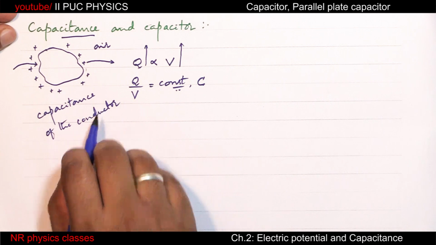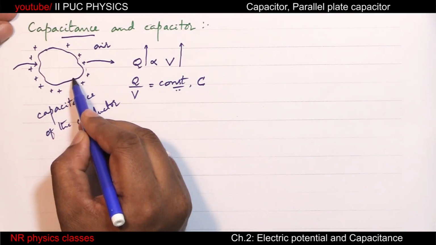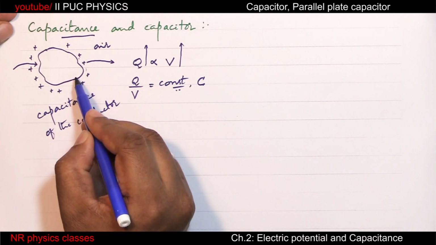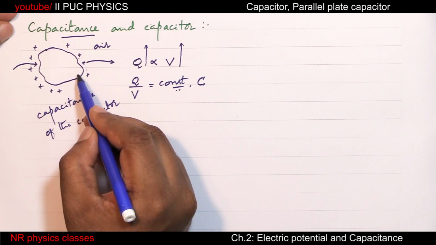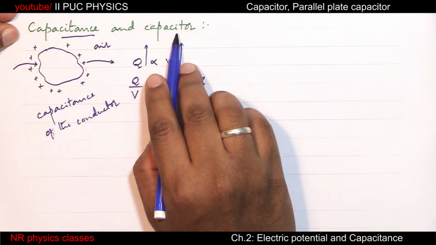Okay. Now, we are not happy with capacity of this conductor to hold charge. That is why we go to some arrangement which can store more charge, and that arrangement is called a capacitor.